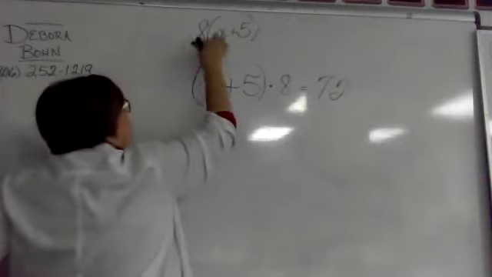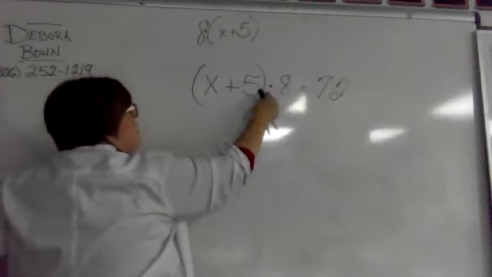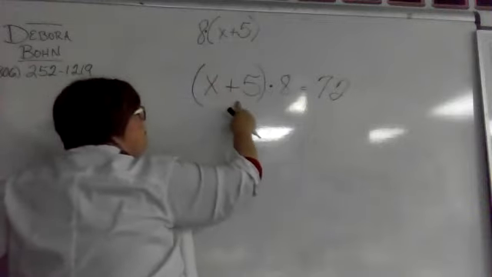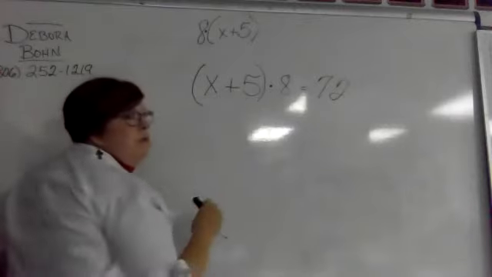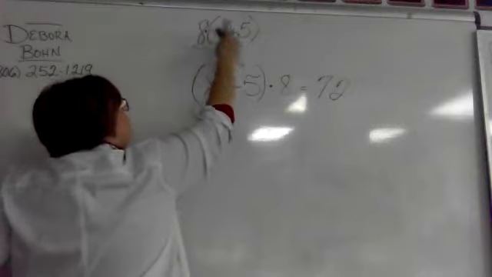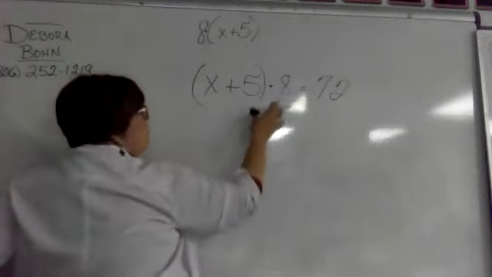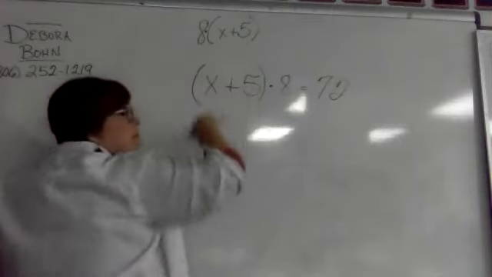If you have a number crammed up next to a set of parentheses, then you have to take this 8 times each piece in the parentheses. This is called the distributive property because you have one number that is being distributed over everything that's in the parentheses.